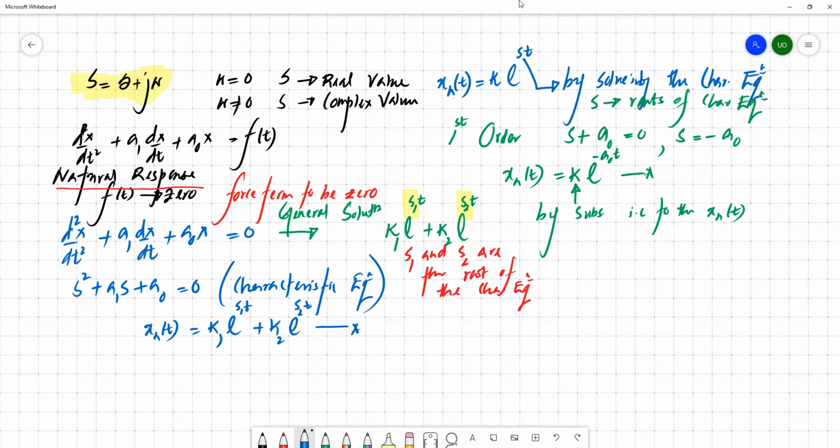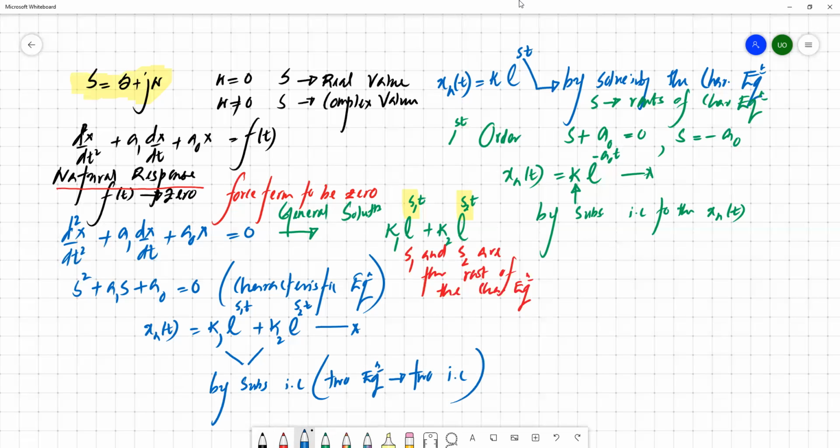Similarly, you can find k1 and k2 by substituting initial conditions. But keep in mind, you have two unknown coefficients, so you need two equations. Two equations means you need two initial conditions, otherwise you cannot find both k1 and k2.